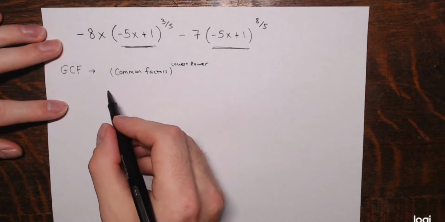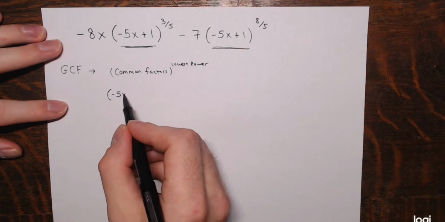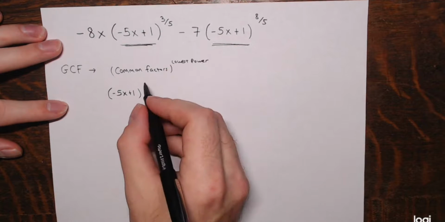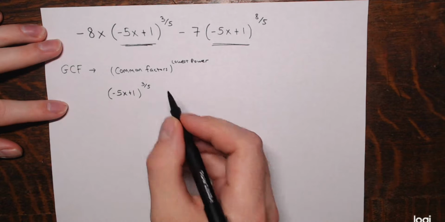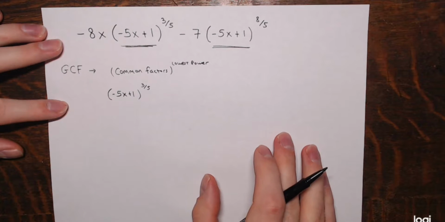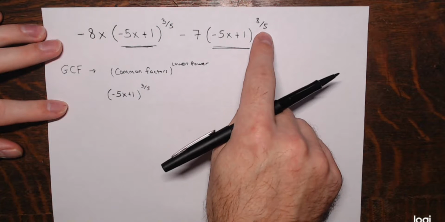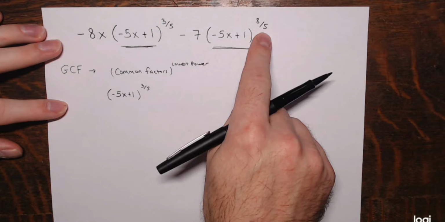So here I'm going to pull out this negative 5x plus 1 to the 3/5 and 8/5. The smaller of these two is 3/5. Now be careful. If this was negative 3/5 and negative 8/5, then negative 8/5 would be smaller.